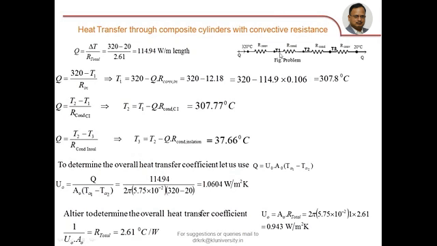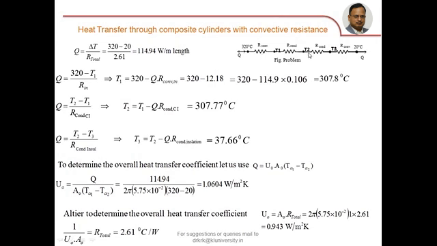And now to determine the interface temperatures, say this is T1, this is T2, and this is T3, you apply the electrical analogy again. Heat flowing through the entire circuit is Q, so through the first resistance also Q. So Q equal to 320 minus T1 by R convection.